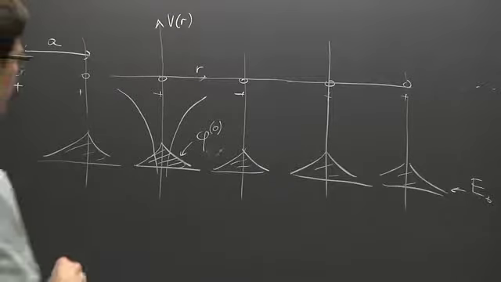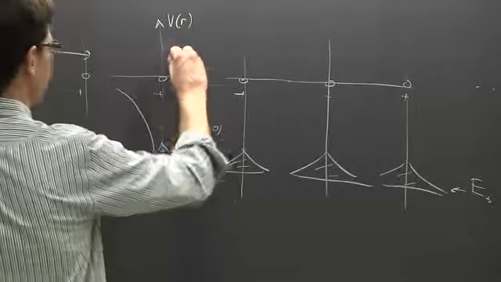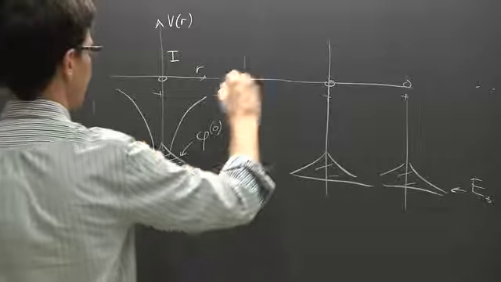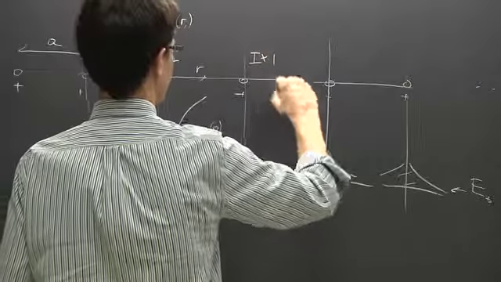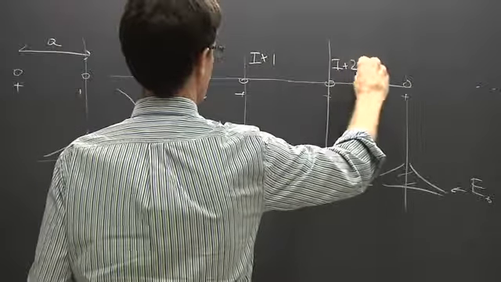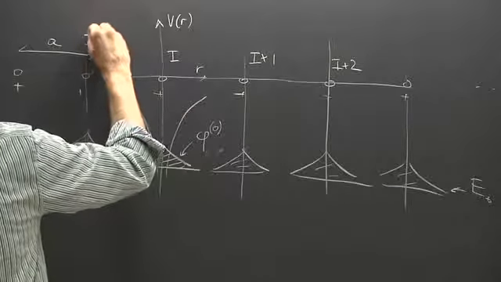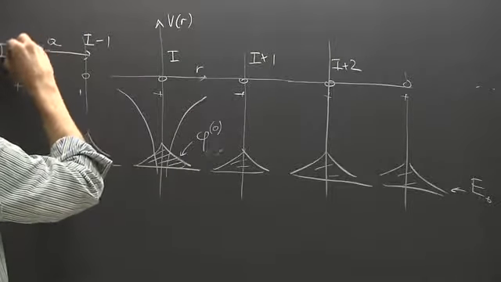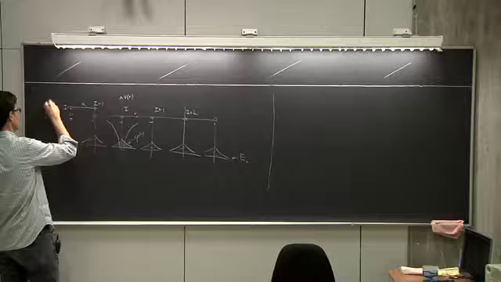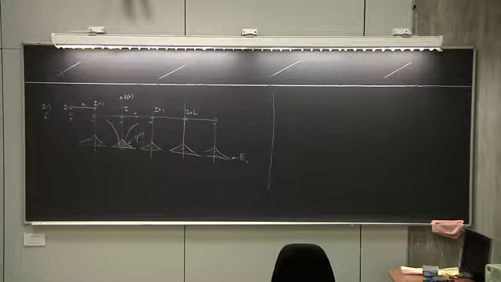So if I label the atoms as i, this one, i plus 1, i plus 2, this is i minus 1, i minus 2, i minus 3, and so on and so forth. I'm just labeling the sites.